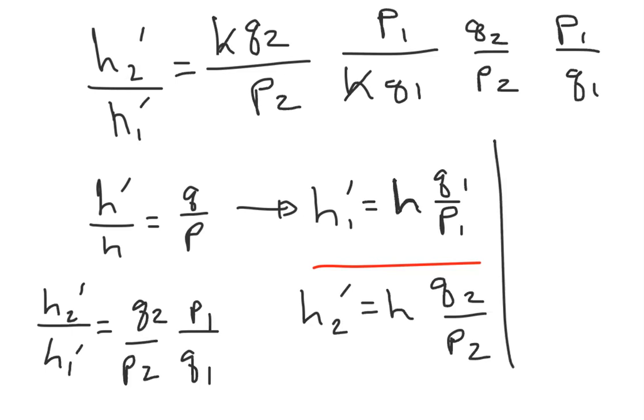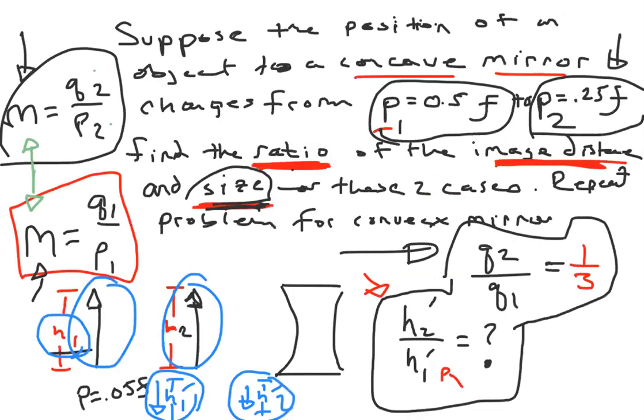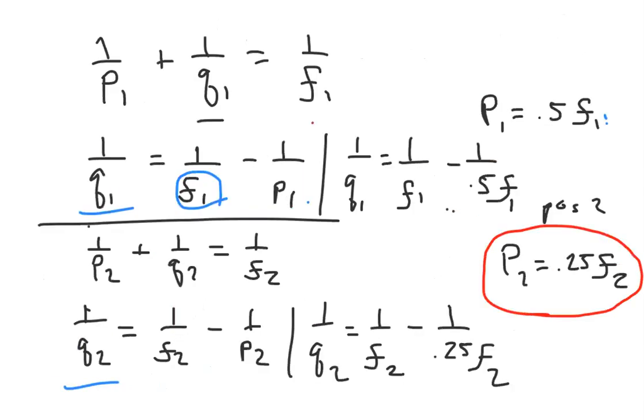Okay, so you said that Q2 over P2, and this is something we solve for, right? Right, Q2 over Q, or I'm so sorry. Oh, I erased that work.